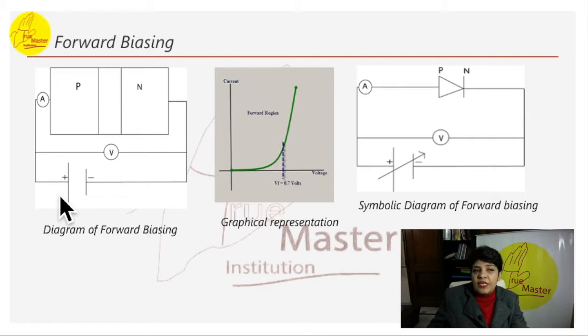The net potential difference is the subtraction of the two forces: the potential developed across the depletion layer when we got them together, minus the potential that we have put with the help of the battery.